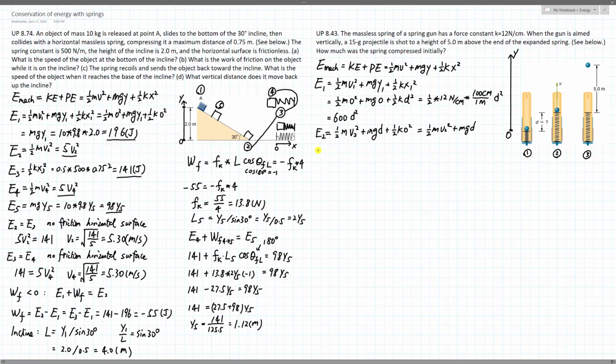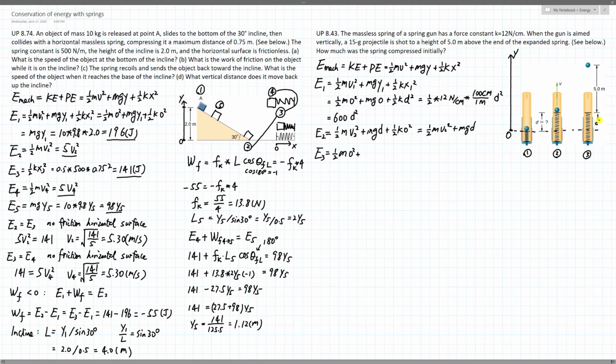So the third one says this E3 is equal to no more kinetic energy, so let's write it out as m times 0 squared. And the height is d, right? So this is 5 plus d, because that is our reference height, the origin, right?